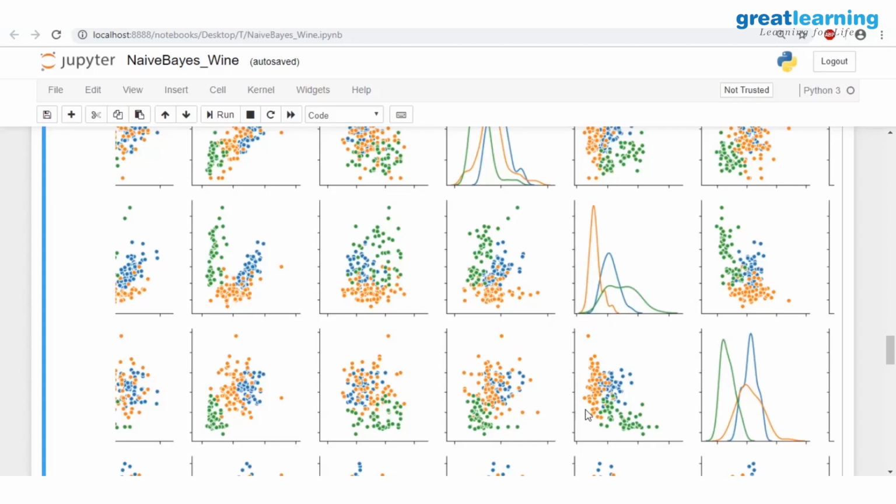I'm seeing this distribution this way, I'm seeing this kind of overlap. When I use another dimension, in the other dimension also I'm seeing an overlap. But when I put them together, in that mathematical space, the two Gaussians become linearly separable.